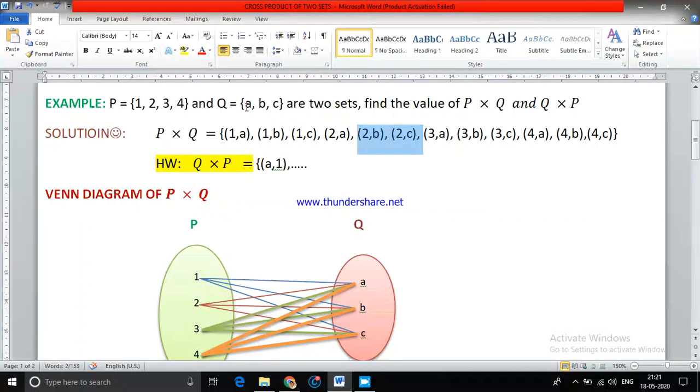Then I have (3, A), (3, B), (3, C). Then I'll get (4, A), (4, B), (4, C).